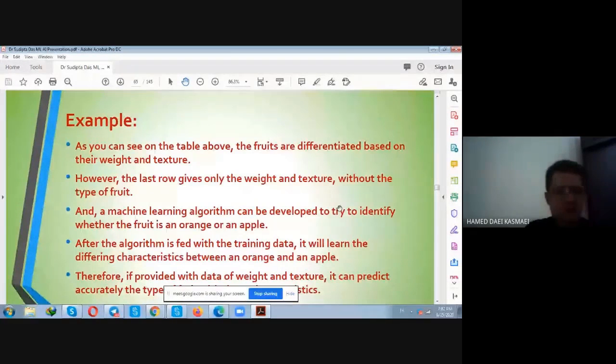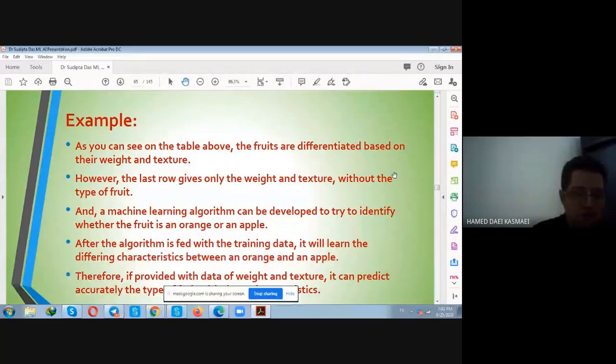As you can see in the table above, the fruits are differentiated based on their weight and texture. However, the last row gives only weight and texture without the type of fruit. So what is the riddle behind it? A machine learning algorithm can be developed to try to identify whether the fruit is an orange or an apple. This is something like what we said about a cat or dog.